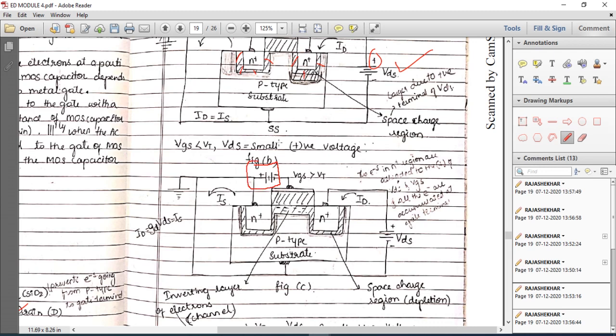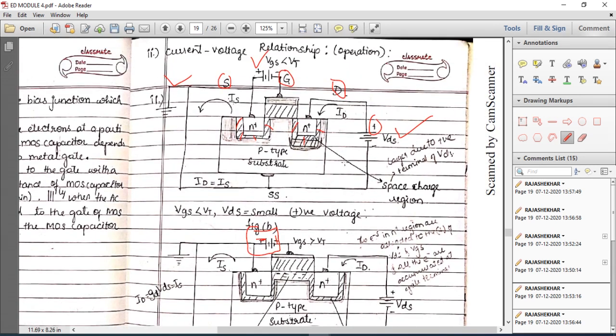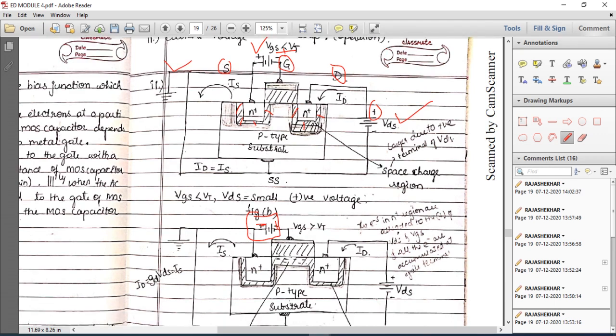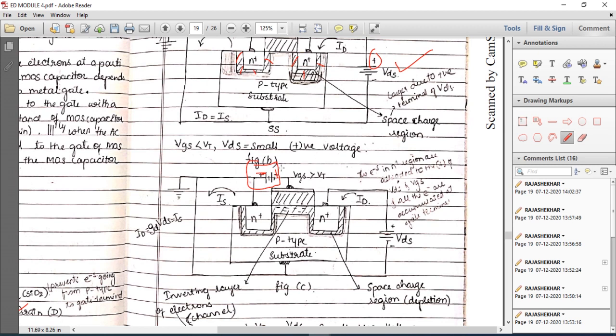In the second case, this becomes negative and this becomes positive, so you have to make changes in the connection. So this is negative, and this is positive. We made a mistake there, so make this small change.